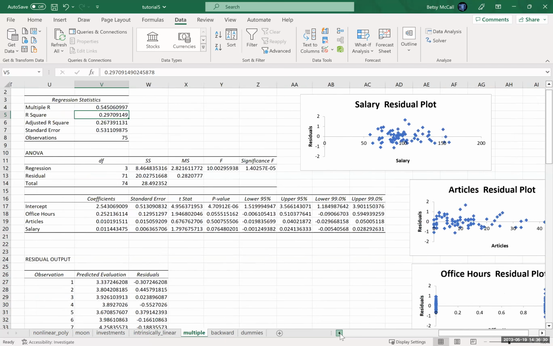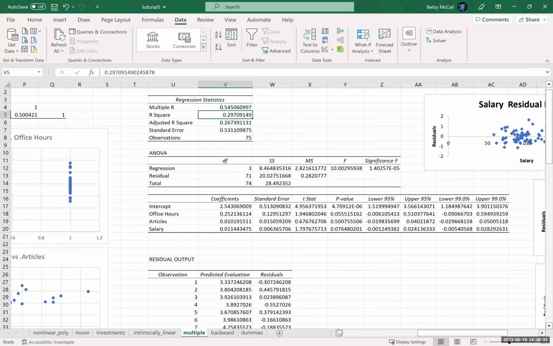And then let's look at our analysis in terms of the coefficients, and let's look at our p-values. This is a pretty low R squared value, and our model test is also low, but if we look at the p-values for the individual coefficients, we're not really getting very far. For the articles coefficient, we saw there was a high relationship with salary, that collinearity problem.